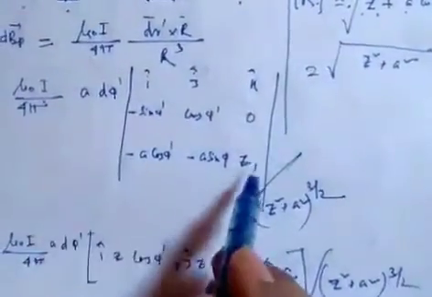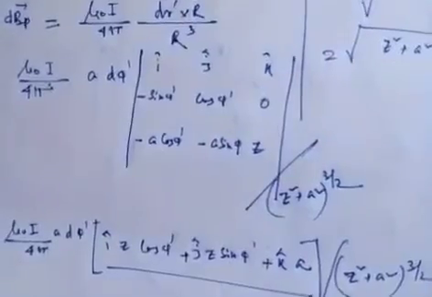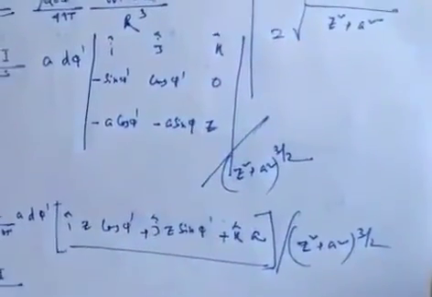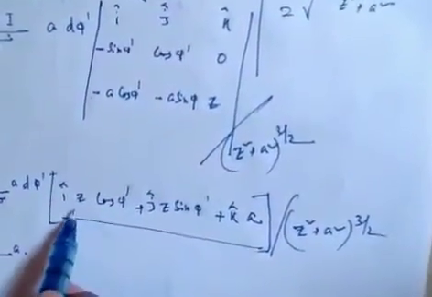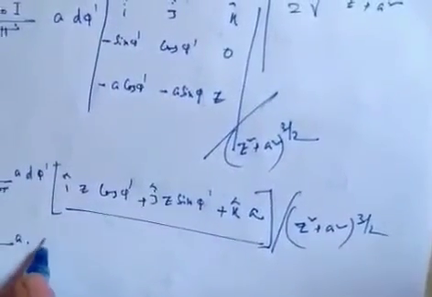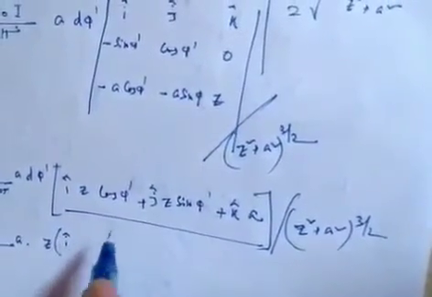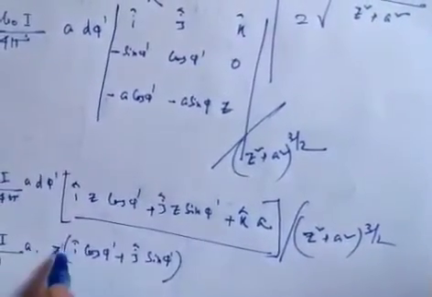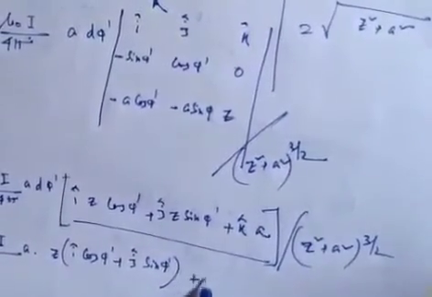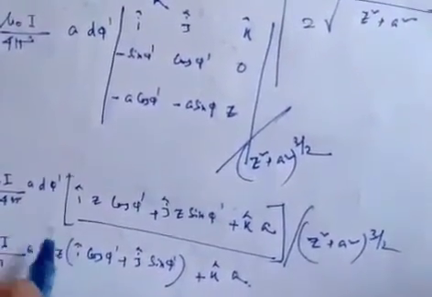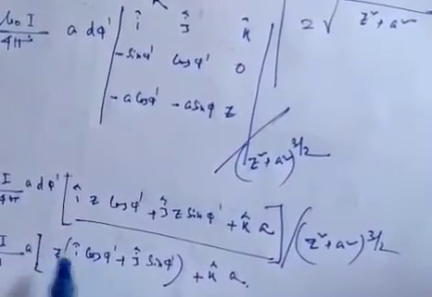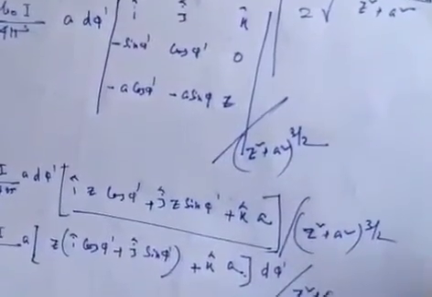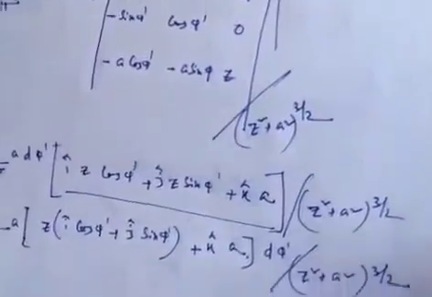If you simply solve this determinant, you get this expression. Clear? Now I can write mu 0 I by 4 pi a times, take common z from both sides, this one, this one.